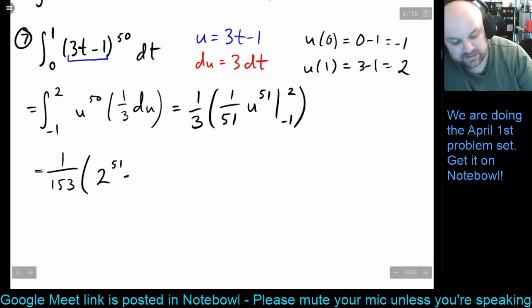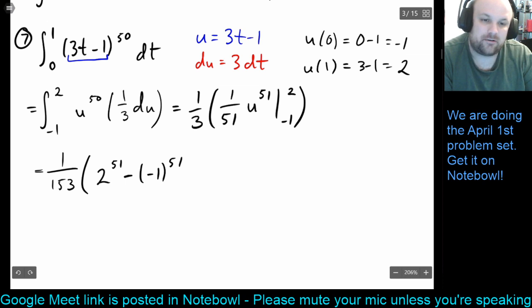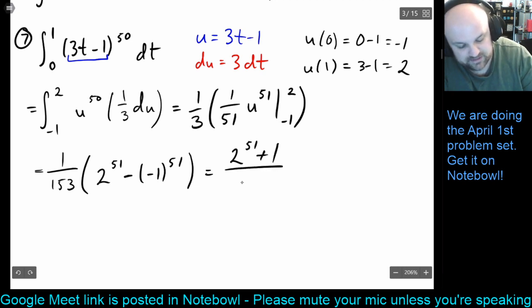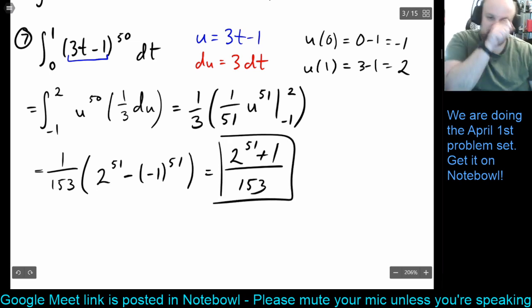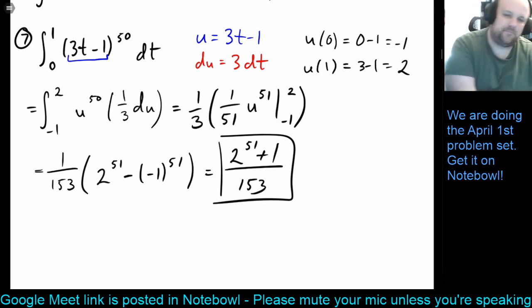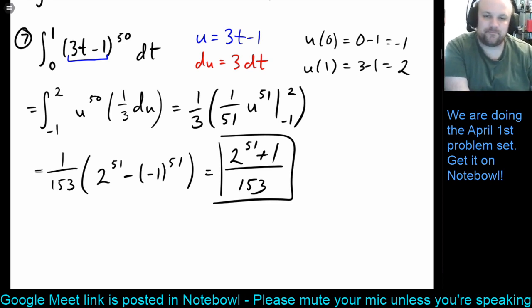Now, -1 to the 51st power, we can compute. It's an odd power of -1, so it's going to be negative. So if you really want, we can write this as (2 to the 51st plus 1) over 153. Again, it's not so important what that number is. Questions here?